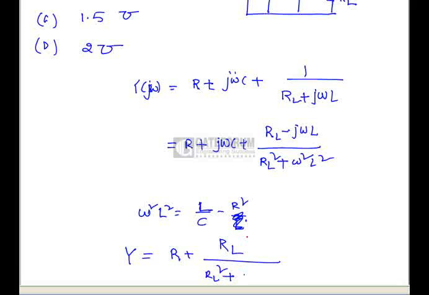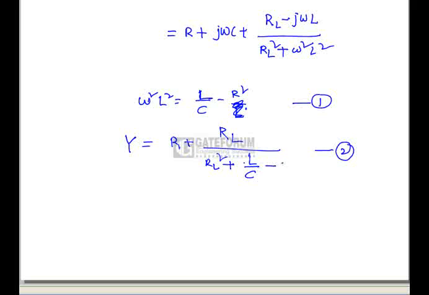We can substitute equation 1 in equation 2, that is L by C minus R square. So if we substitute the given resistance and inductance values, we will get the admittance as 1.5 mho. That is option C is correct.